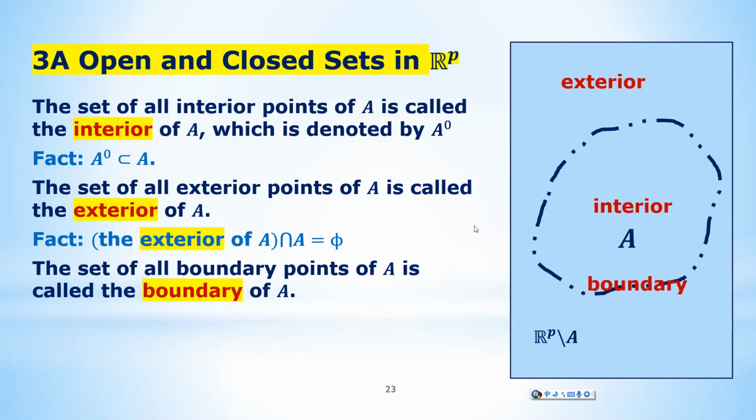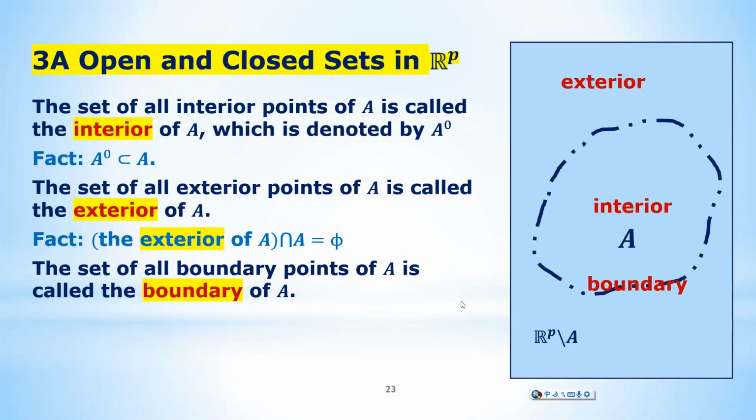However, the exterior does not contain any boundary point. You can think about an open set. What is the exterior of an open set? It's just the exterior points without the boundary. The complement is the outside with the boundary. So that's different.